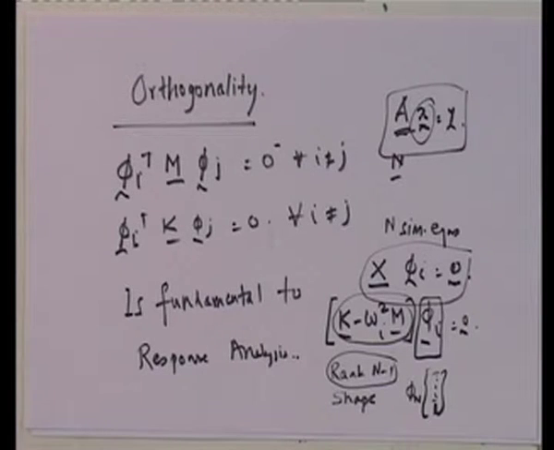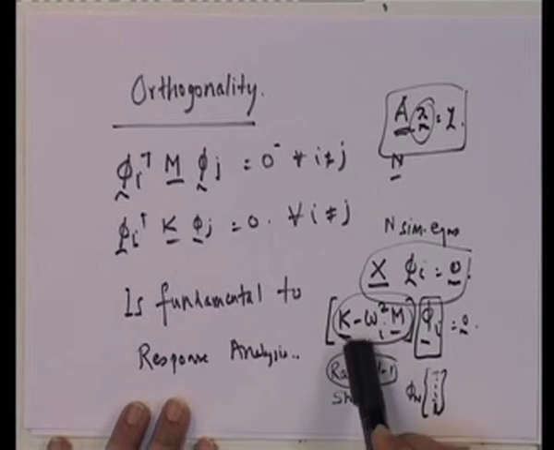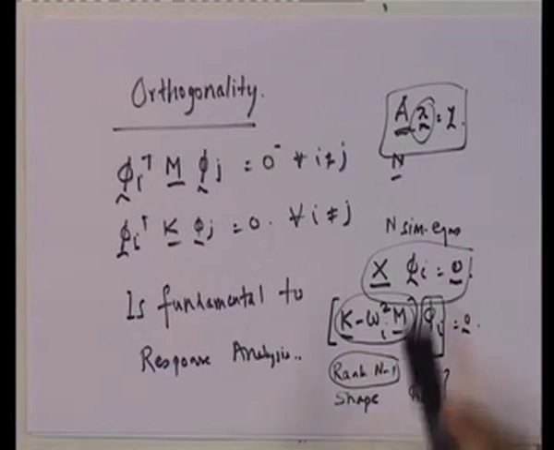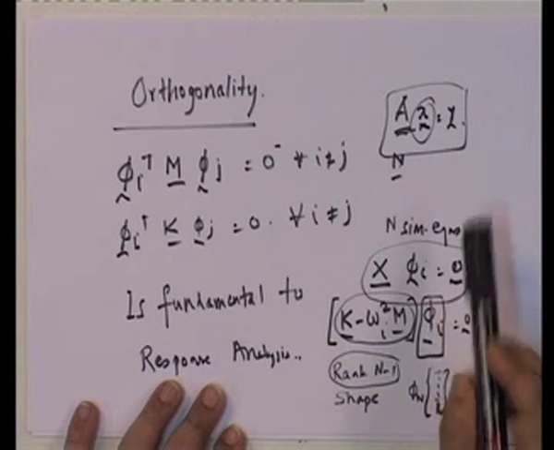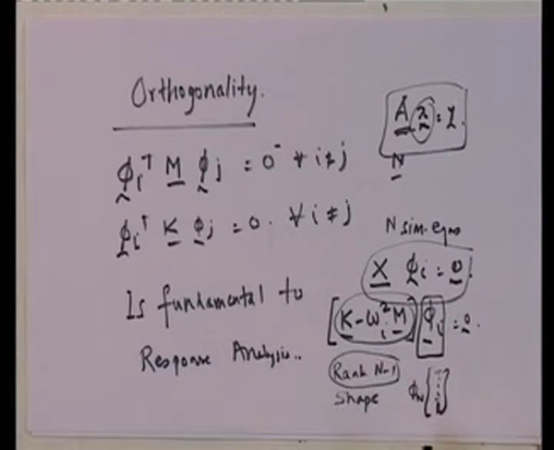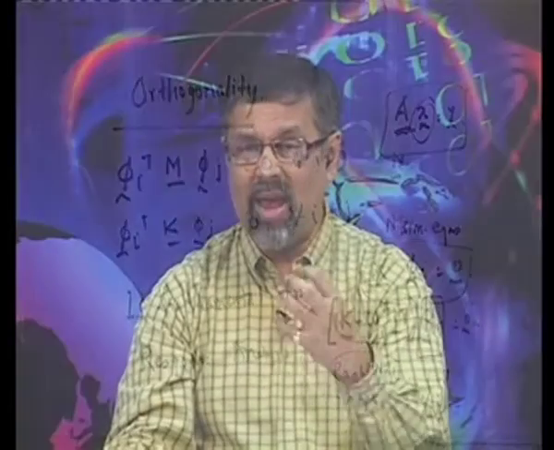Okay. The problem here is that this determinant is indeed 0 and it is of rank n minus 1. So, essentially what it means is that you only have n minus 1 independent equations. So, when you have n minus 1 independent equations, you can only get n minus 1 values. Okay. So, what does that mean?